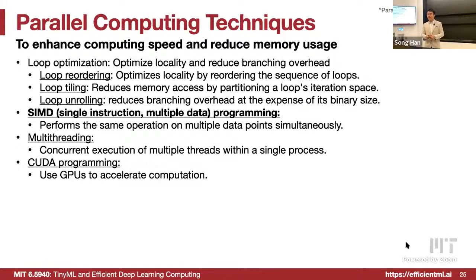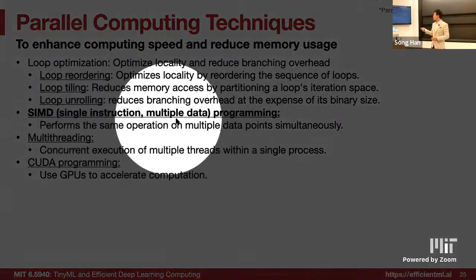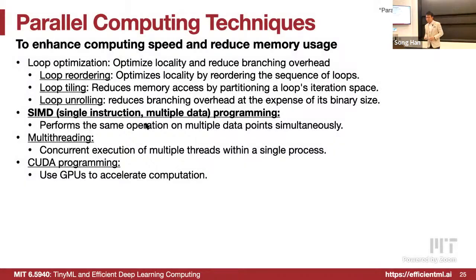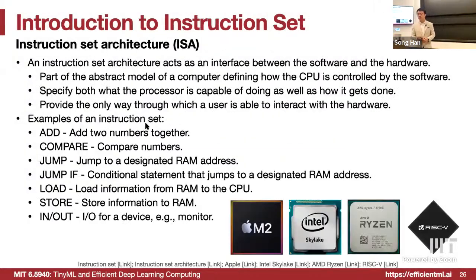All right, the next technique, SIMD technique, which is also quite useful. You will find it super useful when you are doing Lab 5 to implement Llama 2 on your laptop using the SIMD instruction, okay? Single instruction, multiple data programming. So let's first give an overview of the instruction set architecture, which we learned in the computer architecture class. The ISA is actually the interface between the software and the hardware, right?